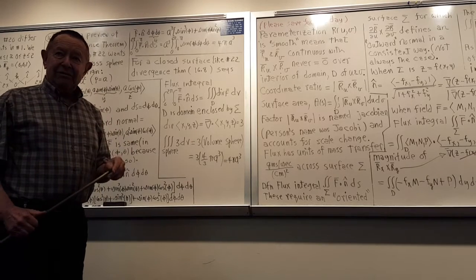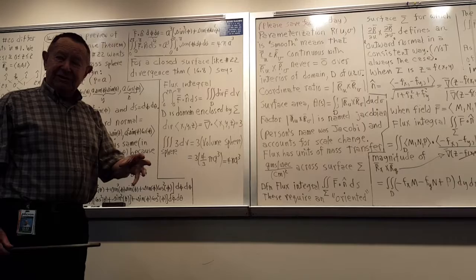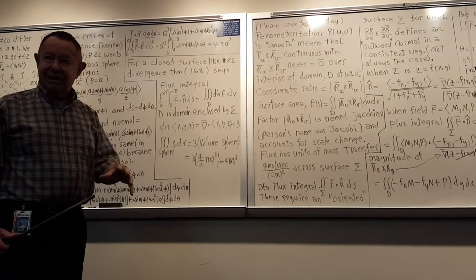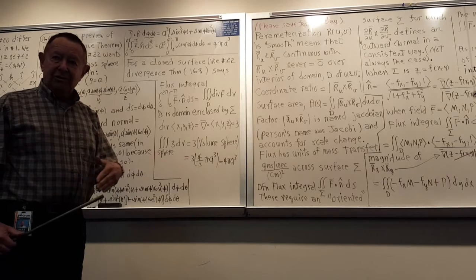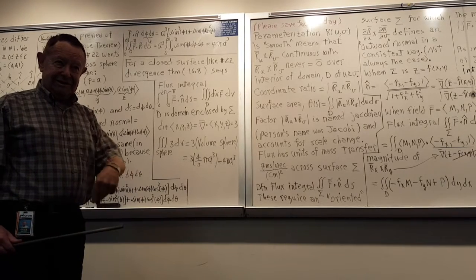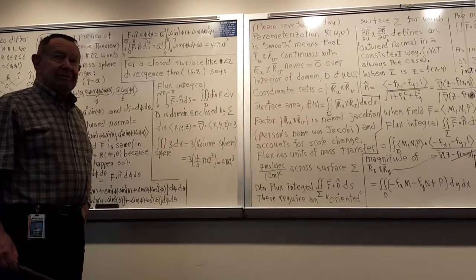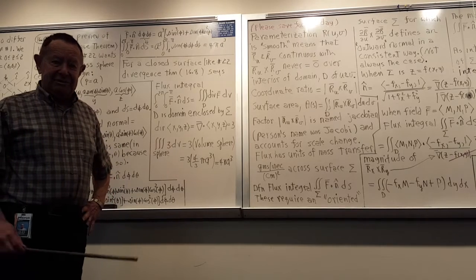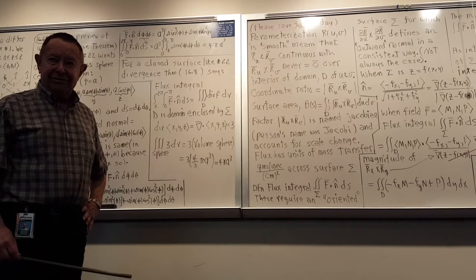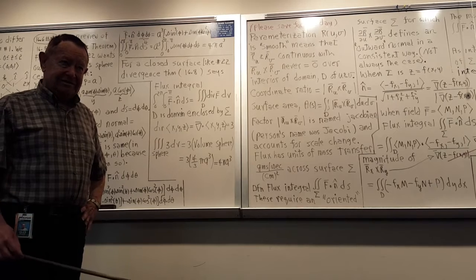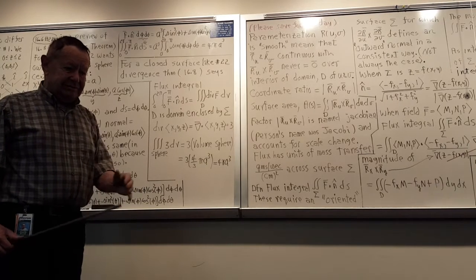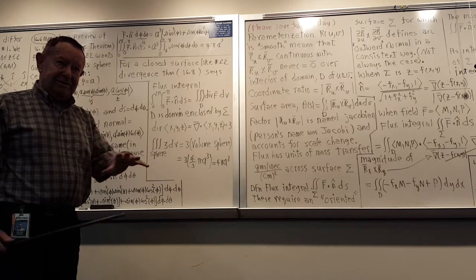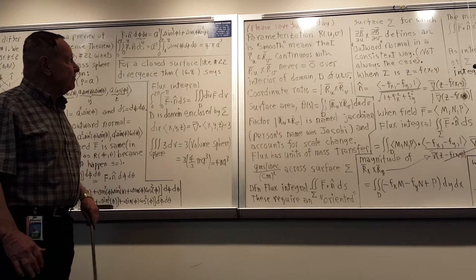Or if you were working on the surface of a sphere with a radius that's constant, then they could be the two angles, the colatitude as it's called, and then the longitude angle. Or if you were on a cylindrical surface, the parameters could be the angle theta and z. Or if you were doing a cylindrical volume, it could be the r and then the theta, something like that.